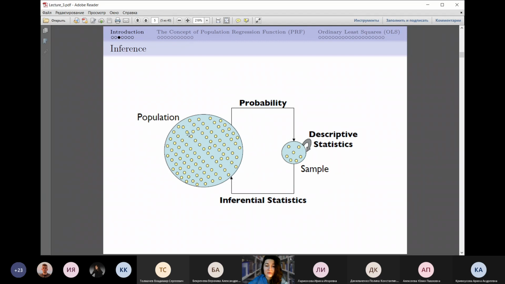So here you can see a population and some sample. We continue our discussion about the coffee. We can say that the population here is the entire group that you want to draw some conclusions about. So in our case, this is all places where coffee is sold.